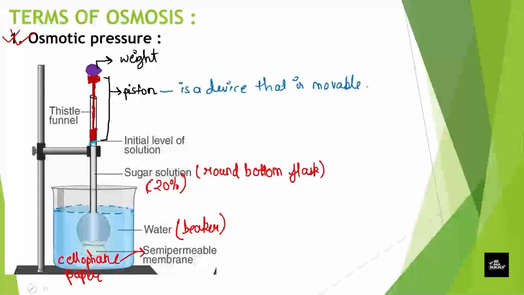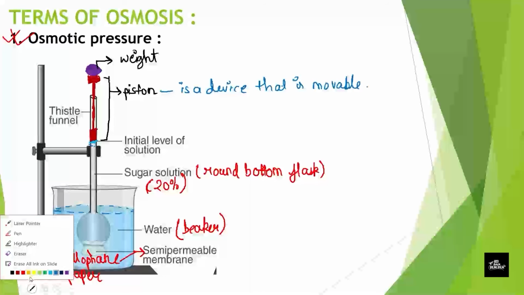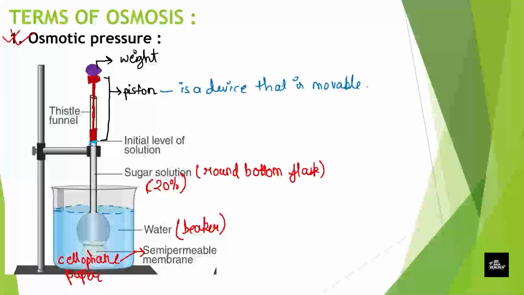Suppose we consider that this is 50 ml of water we have taken in the beaker. And inside the thistle funnel, we have taken 20 ml of solution. Just as an example. After some time, we see that the same configurations are still maintained.